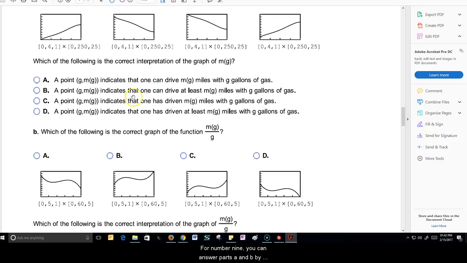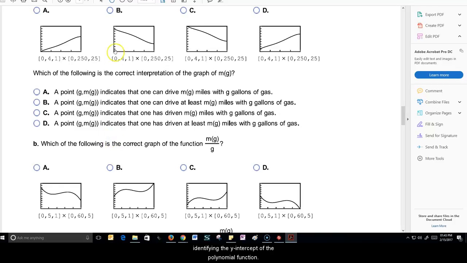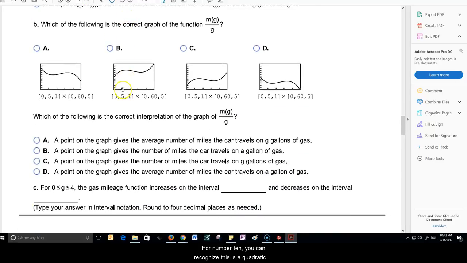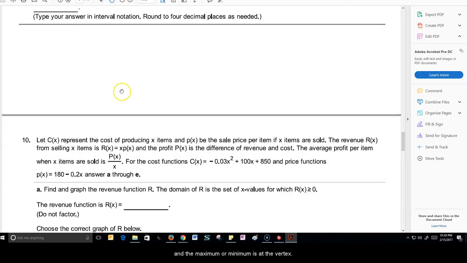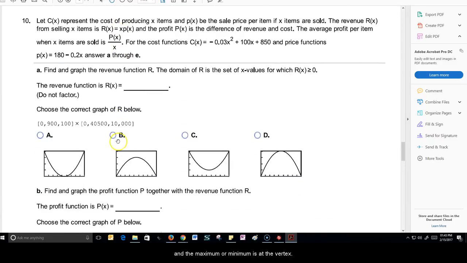For number 9, you can answer parts A and B by identifying the y-intercept of the polynomial function. For number 10, you can recognize this as a quadratic, and the maximum or minimum is at the vertex.